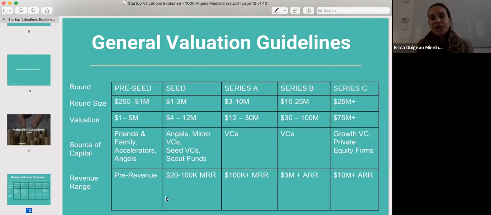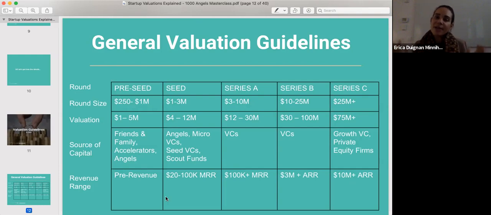And then your valuation will usually be a function of that. So your valuation will usually reflect that the new money in will be somewhere between usually 20 and 30% of the total company. So for example, if you are raising $2 million for your company at a $6 million pre-money valuation, that means your new investors get 25% of the company, and that's an appropriate amount of capital to raise for the valuation.